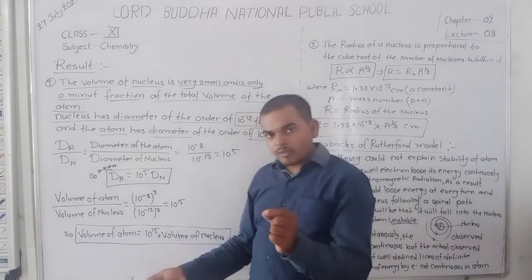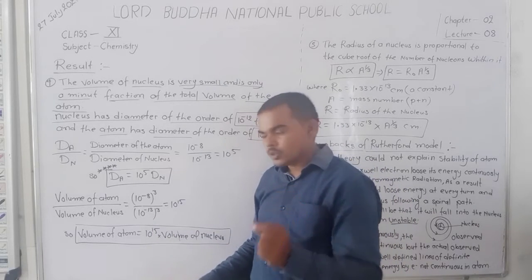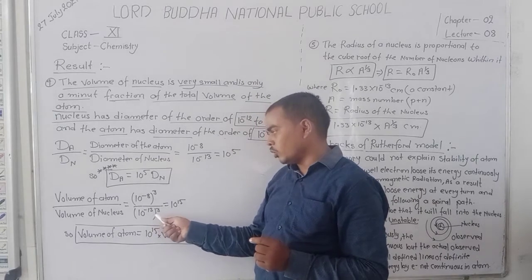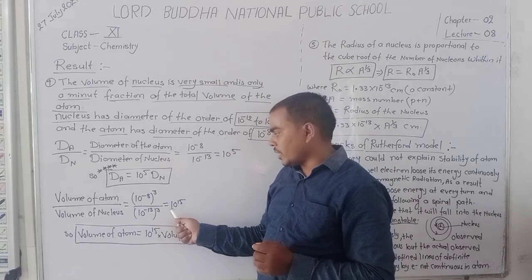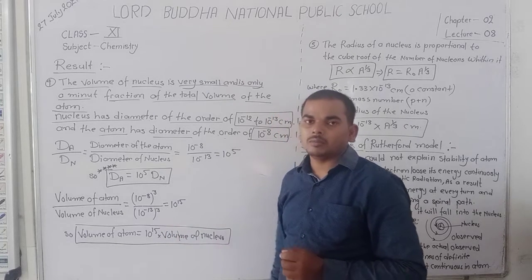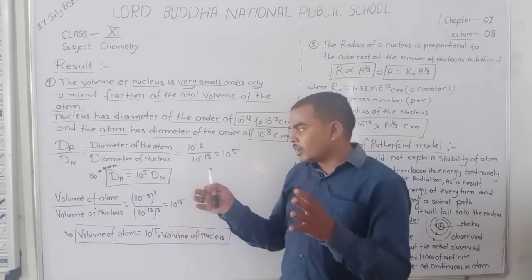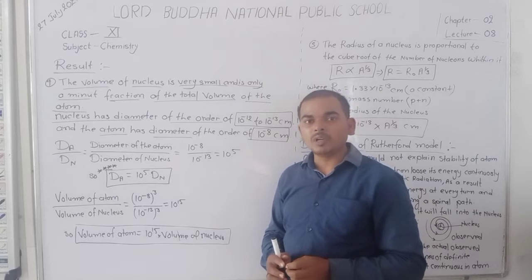You know that the diameter of the nucleus is 10 raised to the power minus 13. So the volume of the nucleus is 10 raised to the power minus 13 whole power 3. After the calculation, we obtain 10 raised to the power 15. Dear student, 10 raised to the power 15 is the ratio of the volume of the atom and the volume of the nucleus.